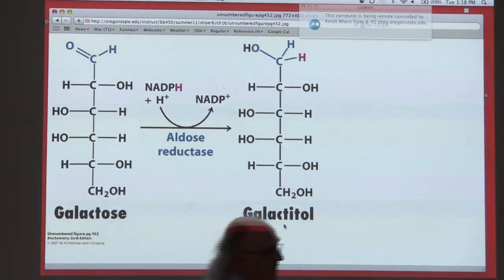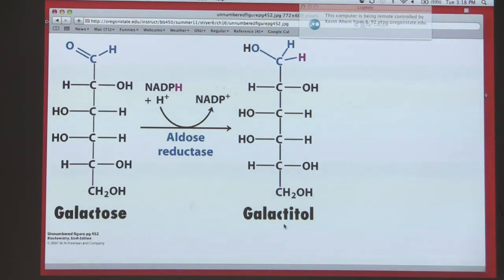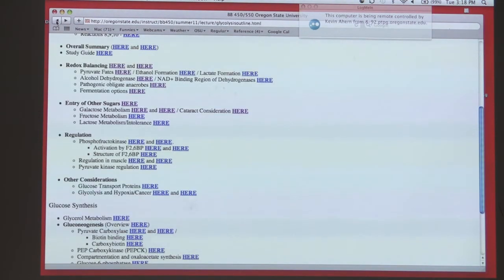The problem with galactitol is it can readily form crystals in the lens of an eye. And so accumulation of galactitol is linked to the formation of cataracts. And that happens, again, partly as a result of deficiency of those enzymes. You can get cataracts by other mechanisms, of course, but this is one mechanism by which that can occur.